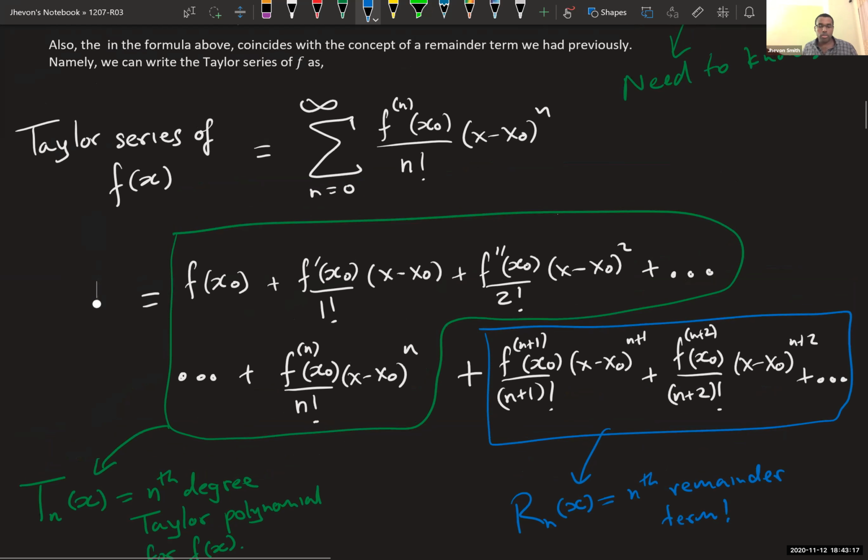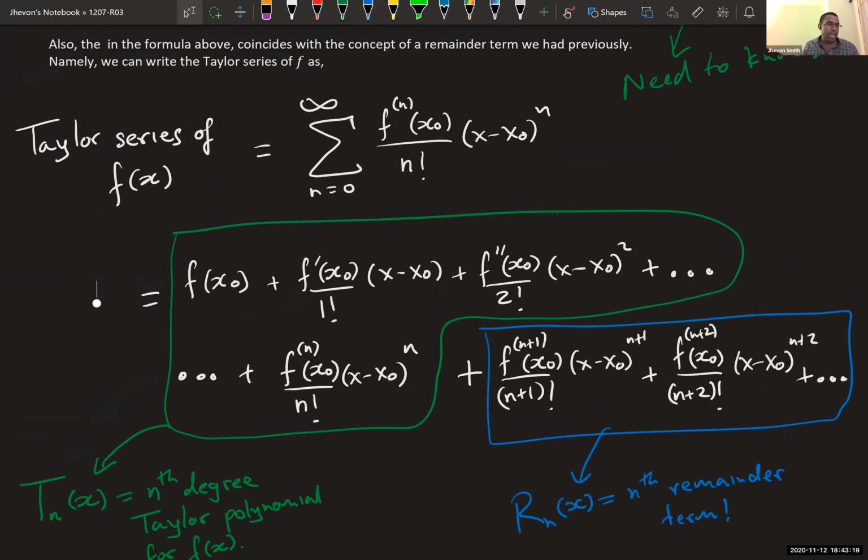So if you know the general formula of a Taylor series, and I ask you to find the nth degree Taylor polynomial, it just means you take that formula and write out the first n+1 terms. Yeah, that I would expect you to know. So I can ask you, okay, here's f of x is the square root of x. Write down the third degree Taylor polynomial.